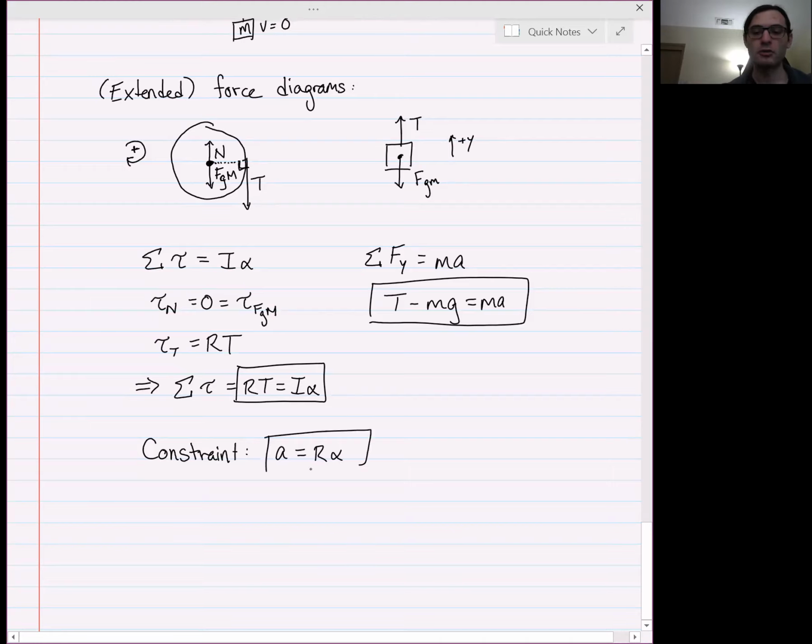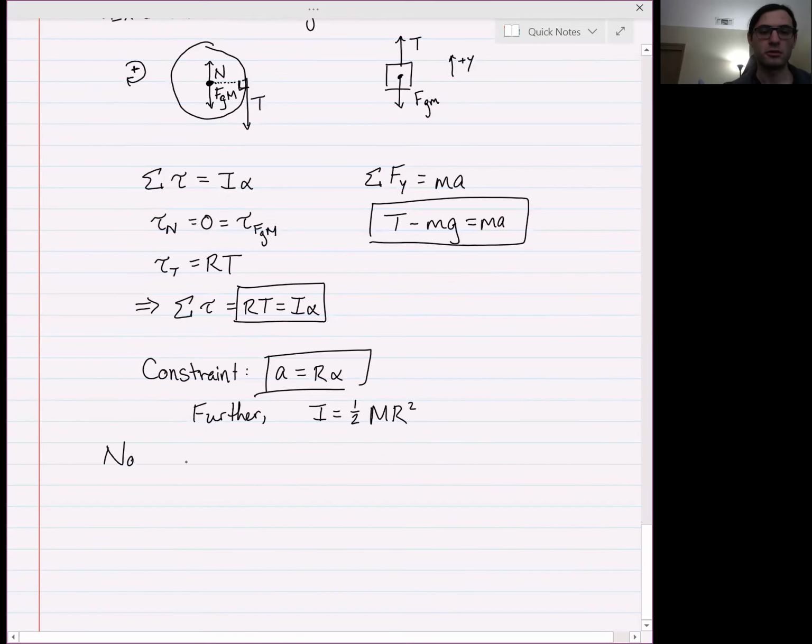Further, we have a relationship between the moment of inertia and the mass of the object. In particular, for a solid spool, this is 1/2 mr squared. So now we can solve. Now we have enough tools.